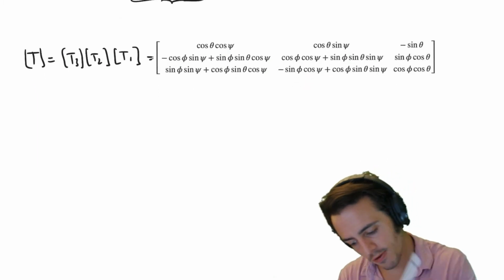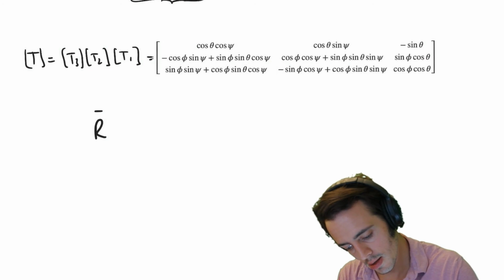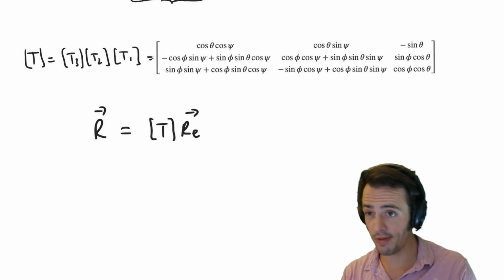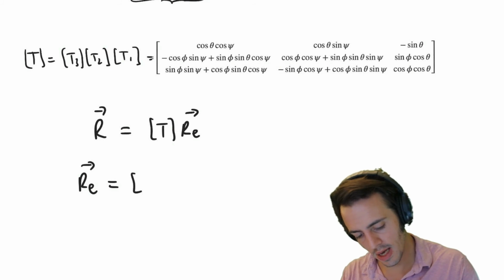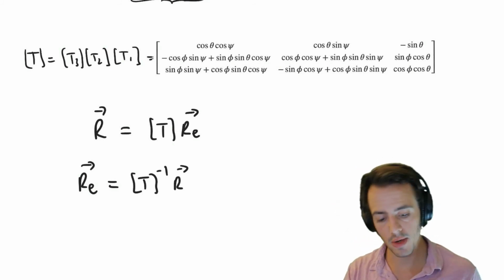So something in body axes is equal to this matrix above multiplied by something in Earth axes. If you want to go the other way around, R_E is going to be equal to the inverse of this matrix multiplied by something in body axes.